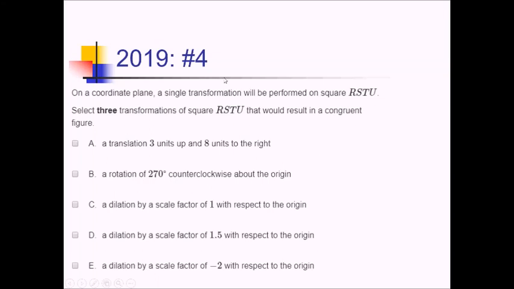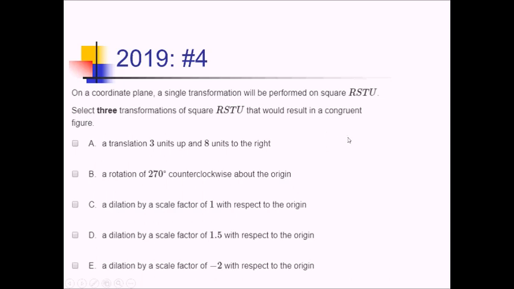For this problem, we want to know if we perform a single transformation on some square, which 3 transformations listed below would result in a congruent figure. So basically, we want to transform this thing without changing the length of the sides or the angles. As luck would have it, most transformations will not change the shape or the size of a shape.